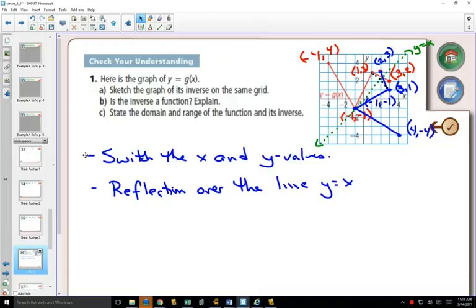A couple of other things to notice. Where do these graphs intersect? Well, wherever your points were on that original graph, were on the line y equals x, when you flip it over, those are the points that are going to stay the same. We had one of those as our key point, -1, -1.